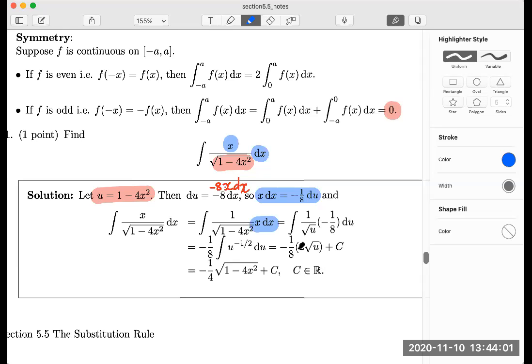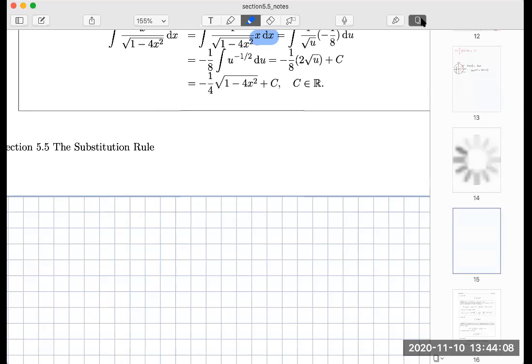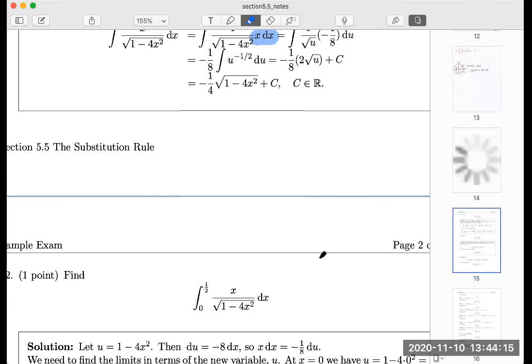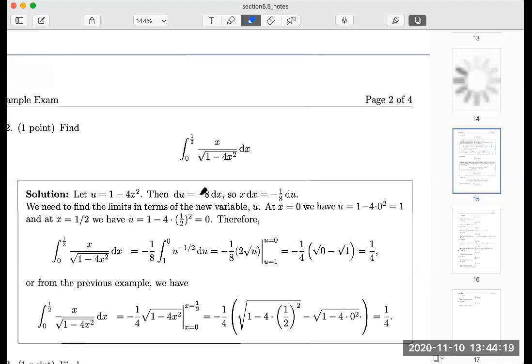We repeat the process, but we need to find the limit in terms of u, right? So be careful. The same story, we define u to be 1 minus 4x squared here.